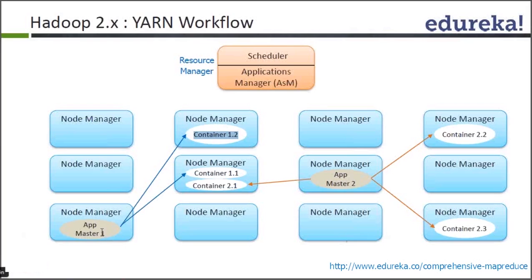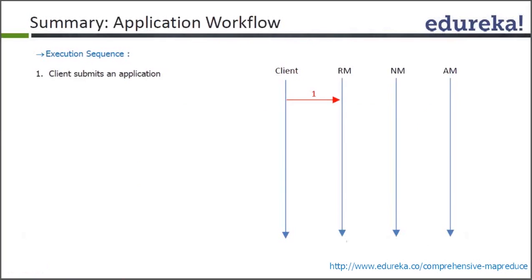So the application master on node 3 will tell the node manager on node 4 to start with the container, and also the container in node number 5, because that's where the map task or the reduce task will be happening. Similarly, for the second job, my application master is on node number 6, and it will tell node number 8, node number 10, and node number 12 to start with the containers. So this is the complete summary of the execution steps.